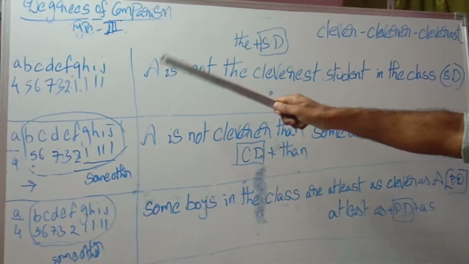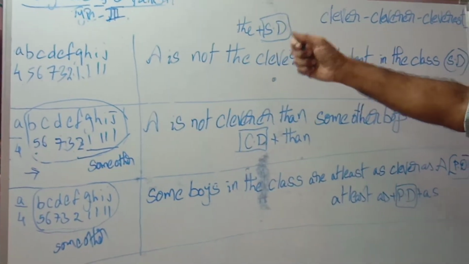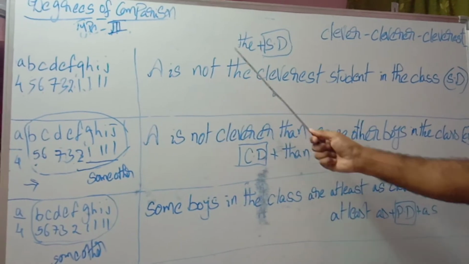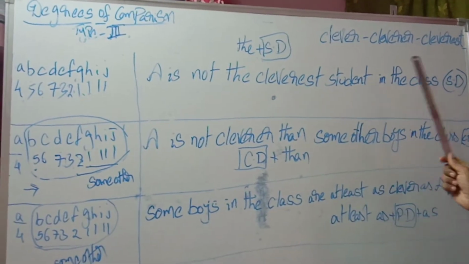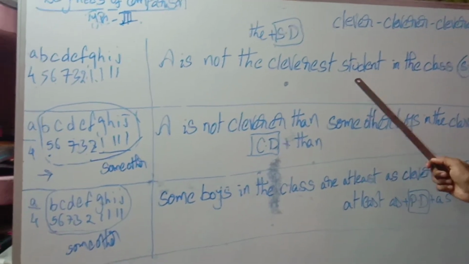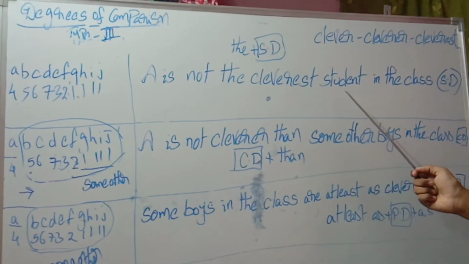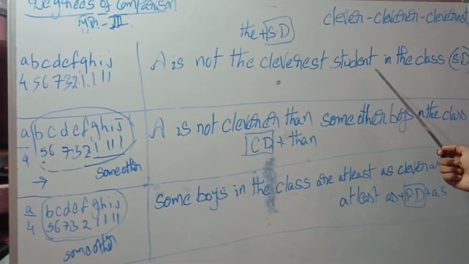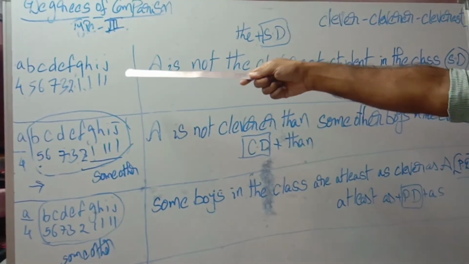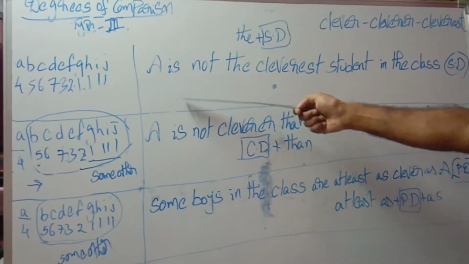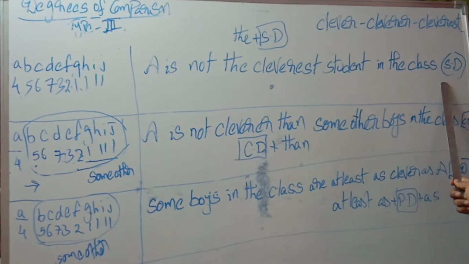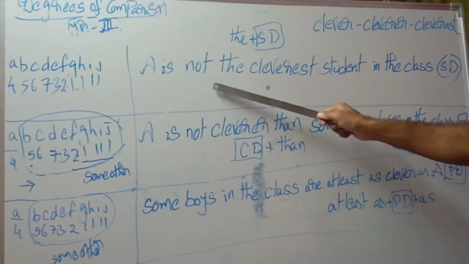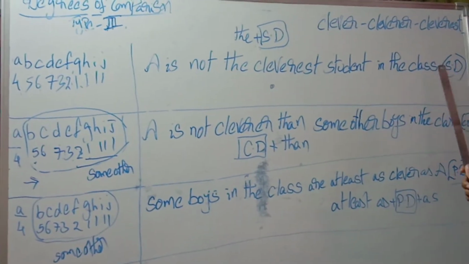So according to this we can write the statement: A is not the cleverest student in the class, because generally people will say who got the first rank is the cleverest, the superlative degree, cleverest. But here A didn't get the first rank, so A is not the cleverest student in the class.